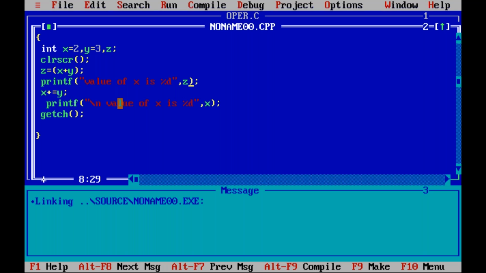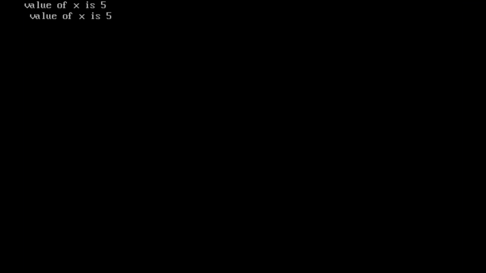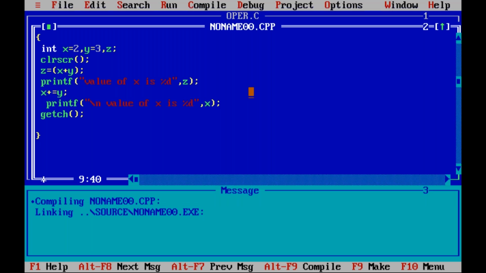Okay, so I will run the program now. The result should be 5 in both the things. Yes, the value of x is 5 in both the statements.